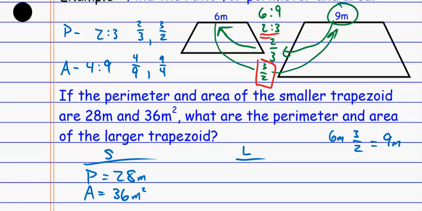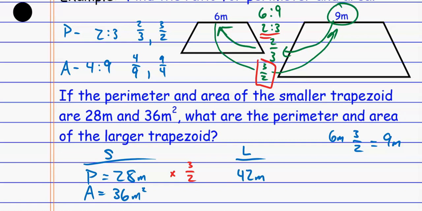And so if the perimeter has the same relationship, I can come up with the perimeter of the larger trapezoid by multiplying by the same scale factor, by 3/2. Let's see, 3 times the 28, and then divided by the 2 gives me a 42. All right, switching colors. So 42 meters.